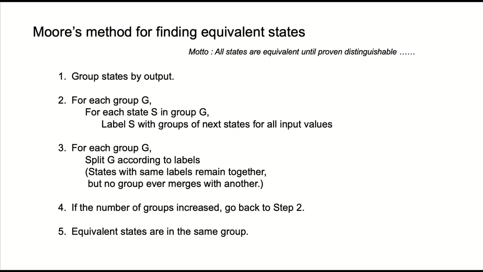By minimizing the number of states, you can assure yourself that you will still have the functionality that you intended and yet have the fewest number of states possible. Okay, so let's go over this again. If we're given a state machine, a state diagram or a state transition table, we can check whether there are equivalent states or redundant states using Moore's method.